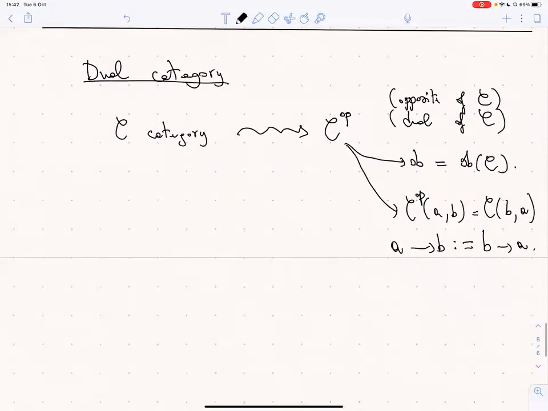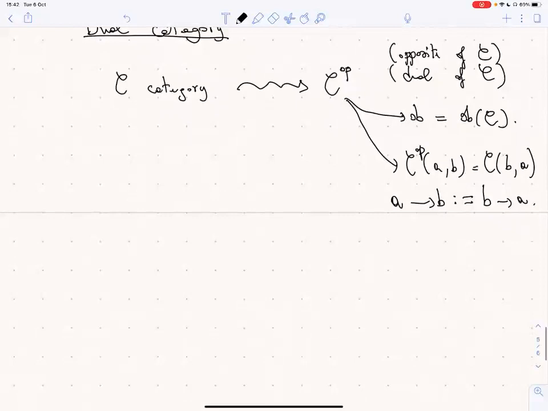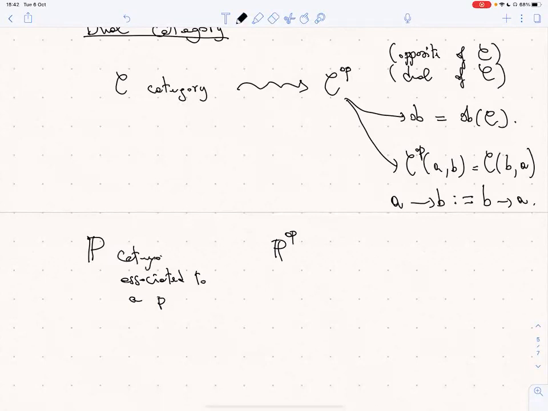So when I write it, it will be evident, I believe. So given a poset P, we see it as a category, and then who is P-op? Well, category associated to a poset. So who is P-op?